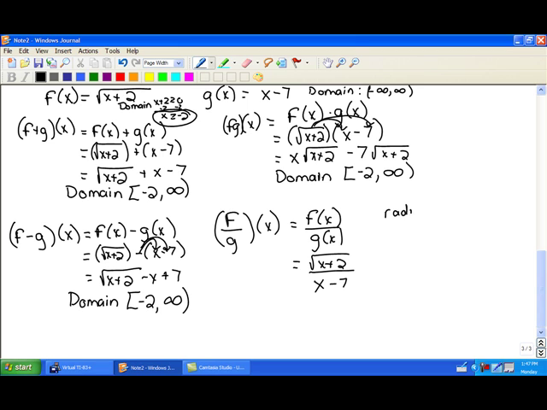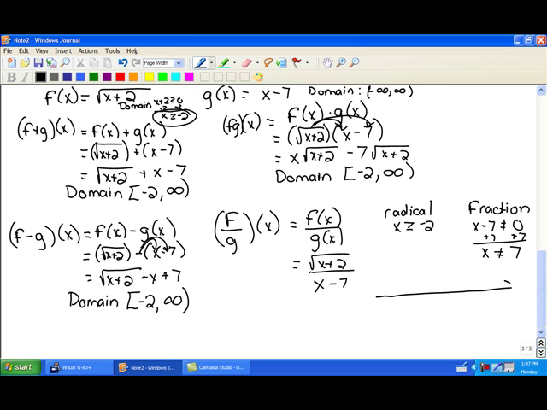We know because we have that even indexed radical, we've already said that for that particular radical, x has to be greater than or equal to negative 2. Because we have the fraction, the bottom of the fraction is not going to be allowed to equal 0. When we solve that and add 7 to both sides, we'll see that x cannot equal a positive 7.